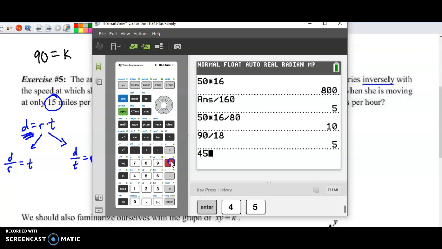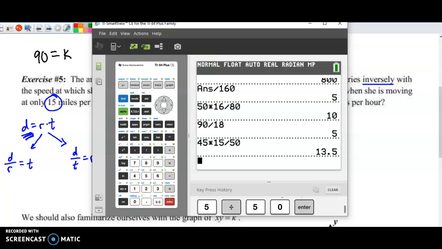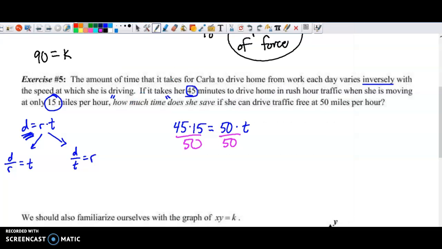So 45 times 15 divided by 50 is 13 and a half. So t is 13.5. The question doesn't ask how much time it takes if she's going 50. It's saying how much time does she save.